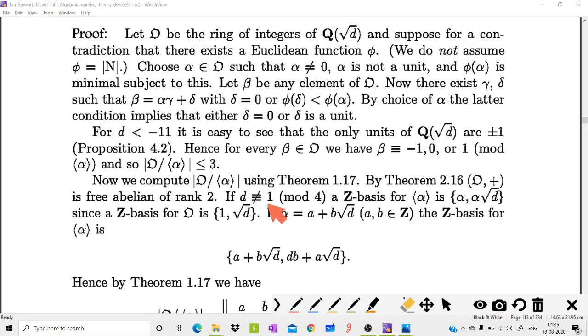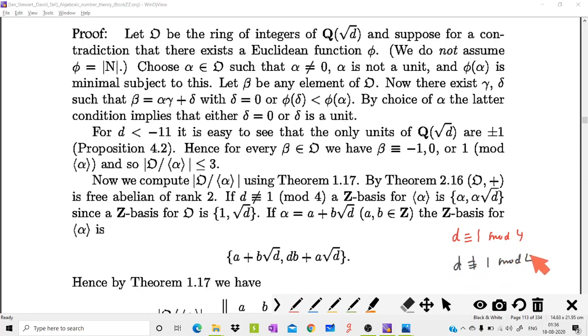So first we consider the basis of O. We know that O is a free abelian group of rank 2. Then we need to consider O first. So O can be classified in two cases. One is D congruent to 1 mod 4 and the other is D not congruent to 1 mod 4.